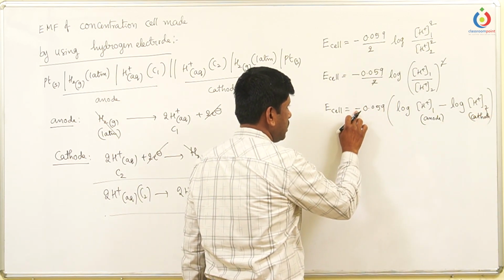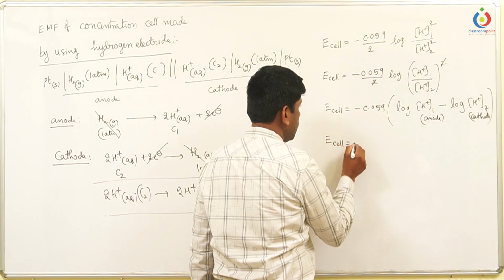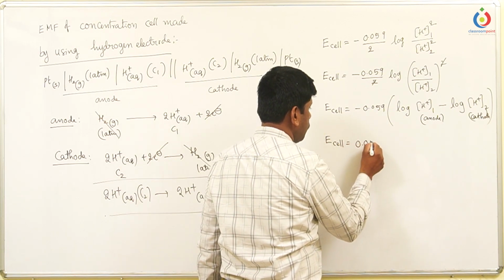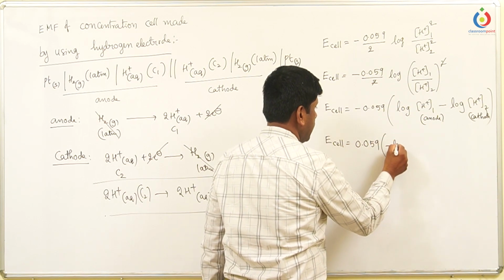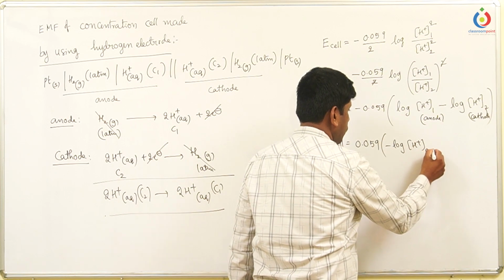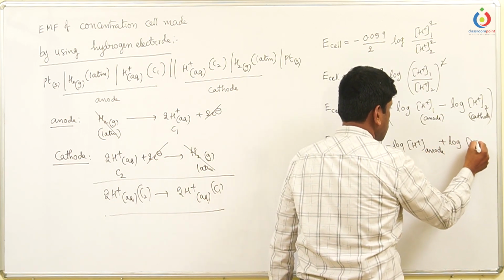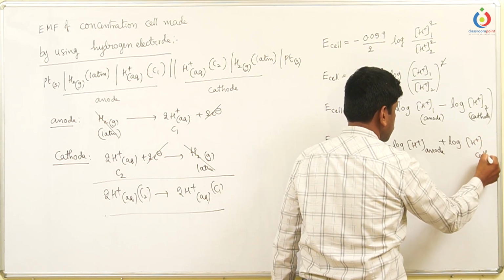Now use this minus symbol and multiply the entire value, so that we get E cell equals 0.059 into minus log concentration of H plus ion of the anode plus log concentration of H plus ion of the cathode.